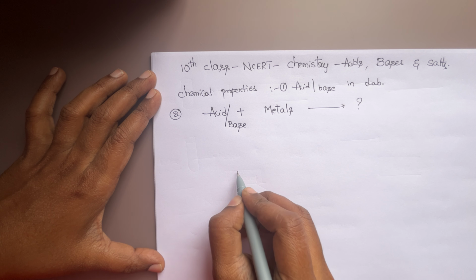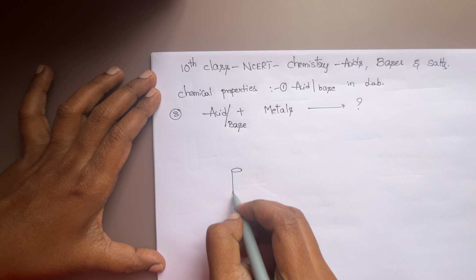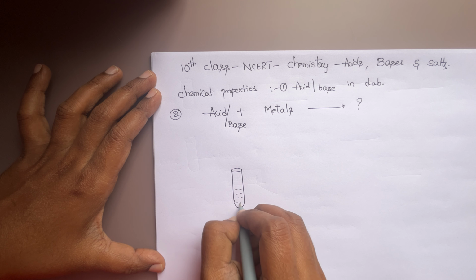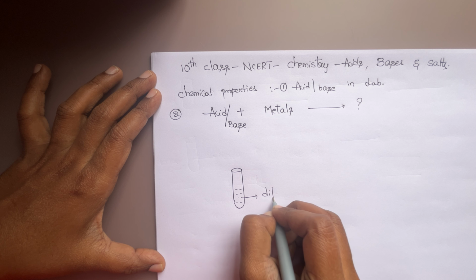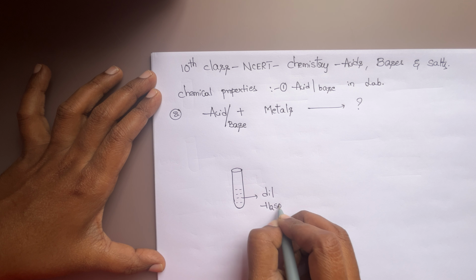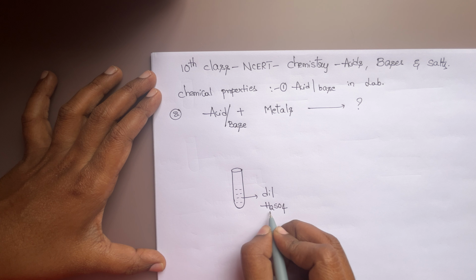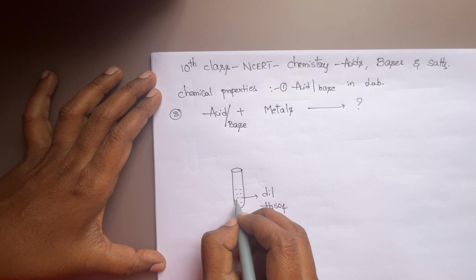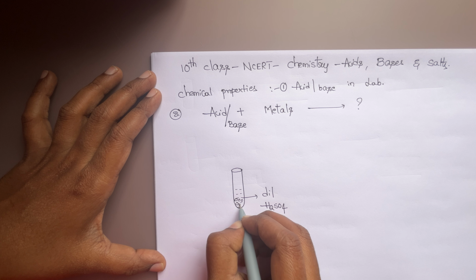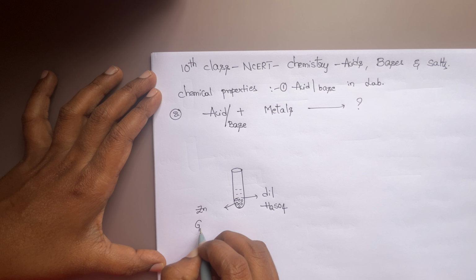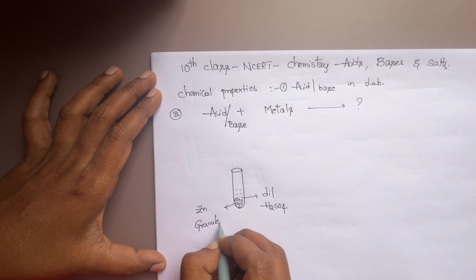In a test tube, I have taken dilute H2SO4, dilute sulfuric acid. This is the sulfuric acid formula. To this I am adding zinc granules, metal granules like tablets.